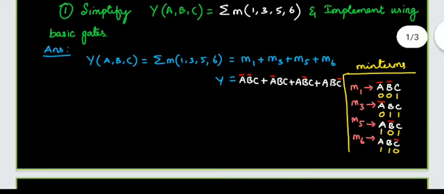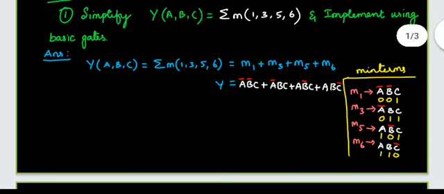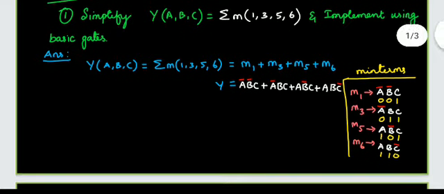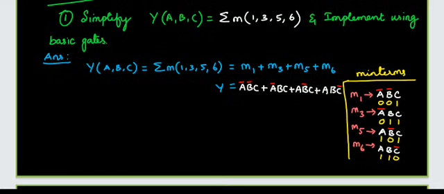So these are the 4 min terms we are given in the question. Okay, so write those 4 values here. What we will be getting now? Expression is ready. What is the expression? Y equal to a bar b bar c plus a bar b c plus a b bar c plus a b c bar. So this is the expression we now have.